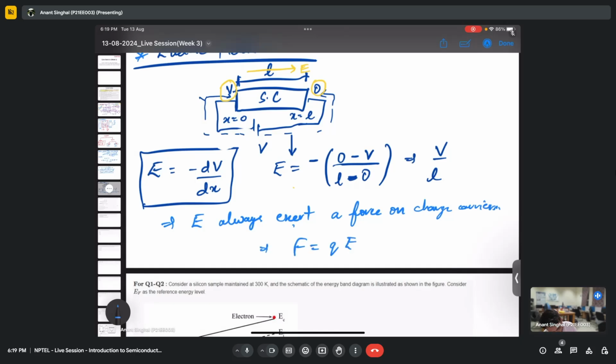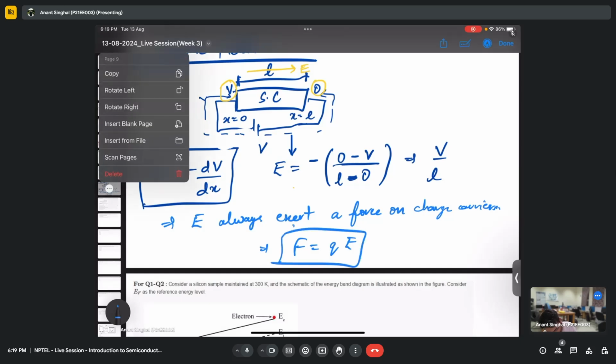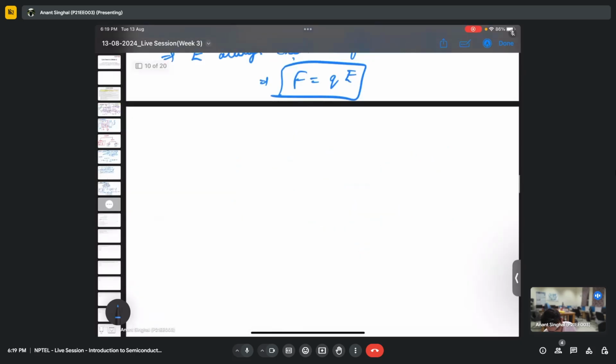We all know this relation very well. We know that for any electron, q is negative. So F will become minus qE because q is negative by default. So the force experienced by the electrons is always opposite to the electric field.